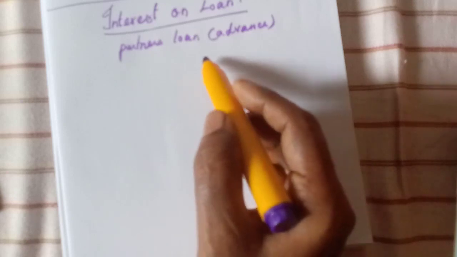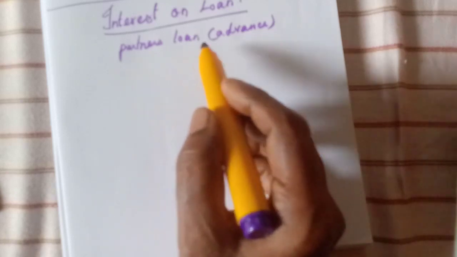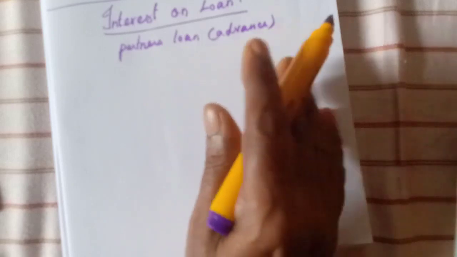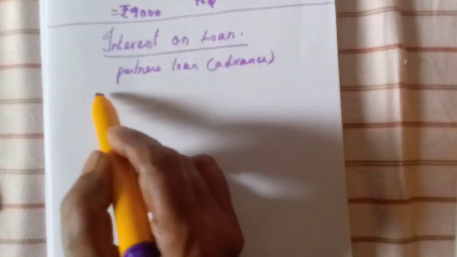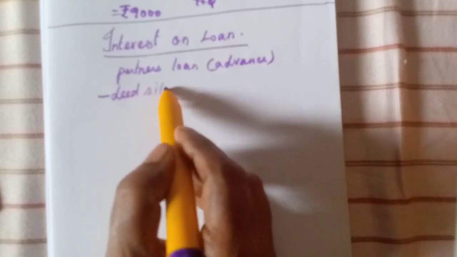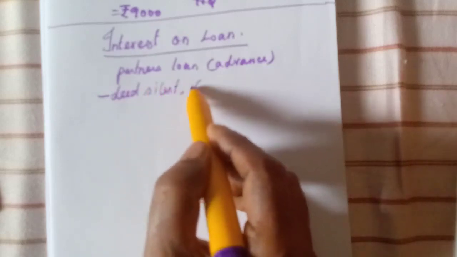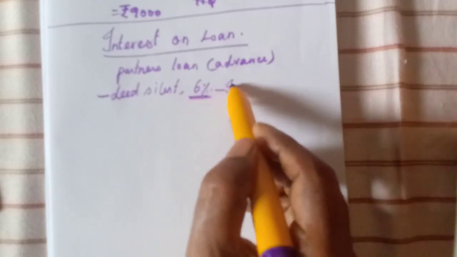For this amount, they may prefer to get some interest on the amount they have advanced to the partnership firm. This may be agreed in the partnership deed. If the partnership deed is silent, even then 6% of the loan amount is paid as interest on loan.